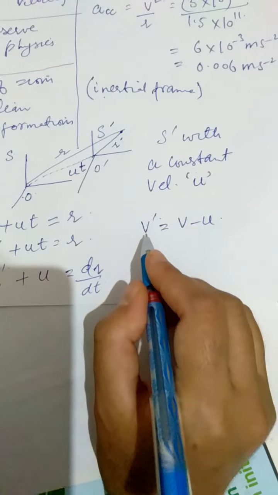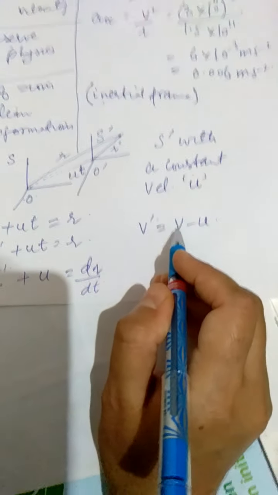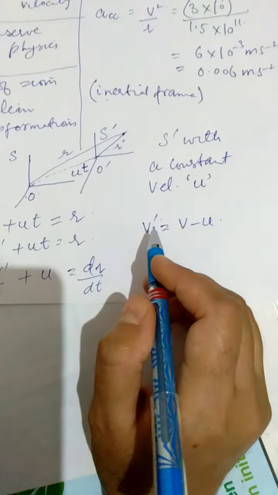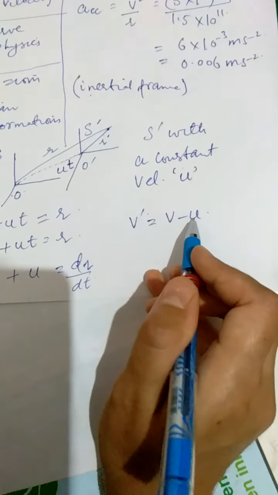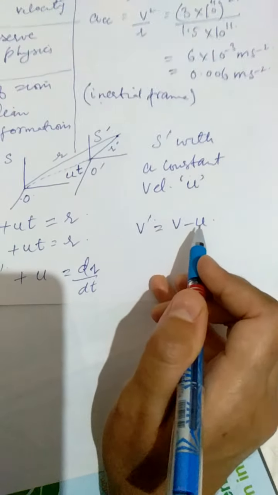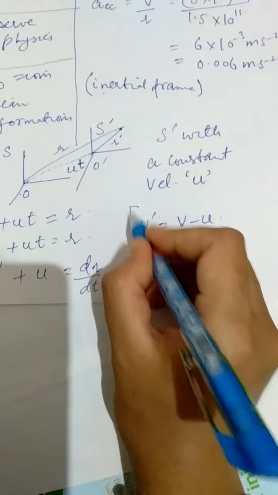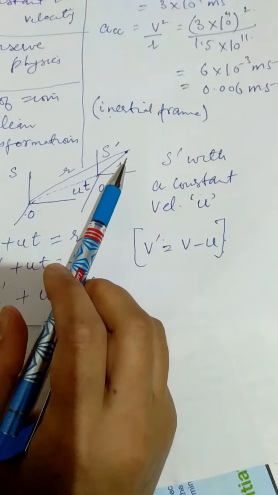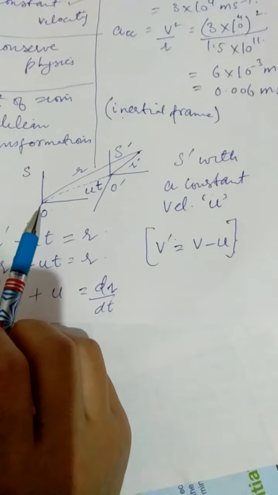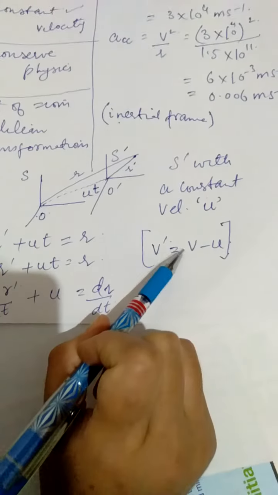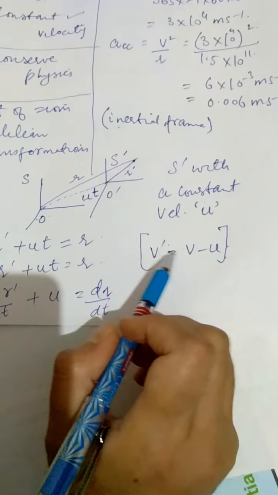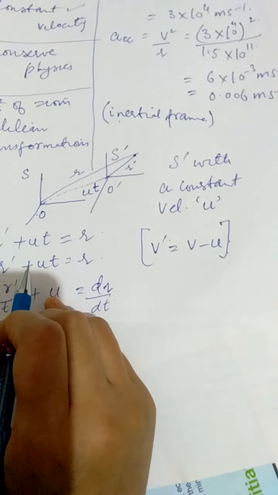This is the equation that connects the velocity of the particle in the static frame of reference, the velocity of the particle in the moving frame of reference, and the velocity of the moving frame itself. So velocity changes, but it doesn't mean that the velocity of the object has changed. It is from the perception of the observer. For an observer O, the velocity of this particle is v, and for the observer O dash, the velocity of this particle is v dash.